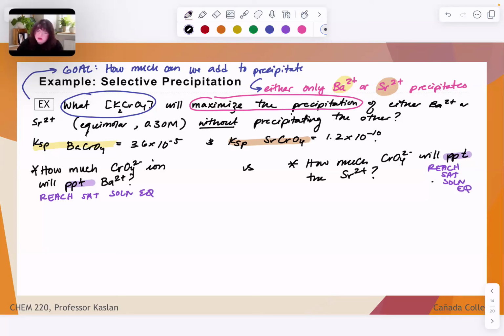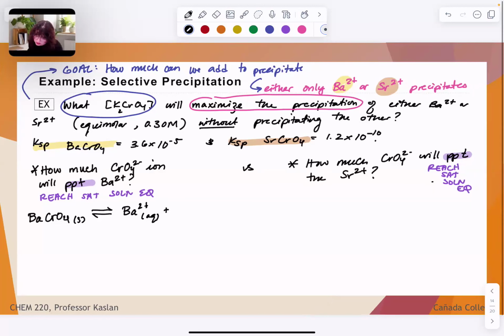So let's write out the dissociation equilibrium for each of these potential precipitates. We've got the barium chromate solid, which when in equilibrium with its dissociated ions means it is in a saturated solution. It has hit its max point of saturation.